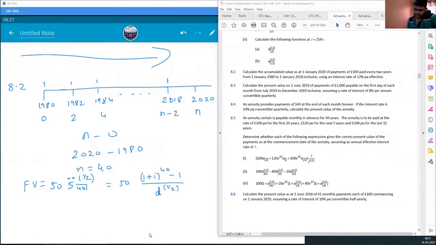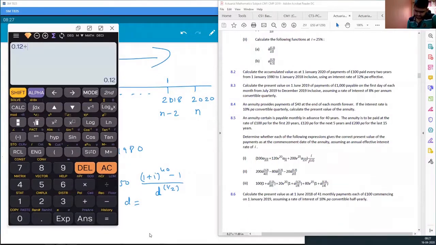So we'll have to calculate d half. i is equal to 12%. So d half would be 0.101403.